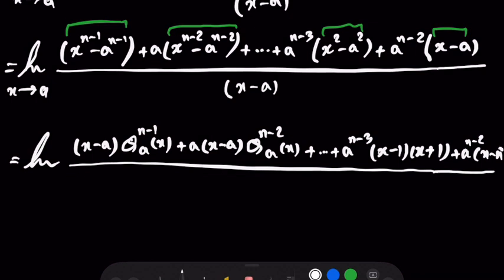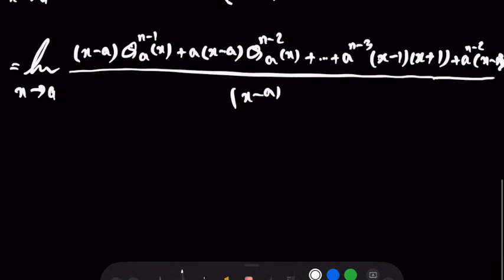So you can see we can factorize x minus a from the numerator and cancel it with x minus a in the denominator. So let's factorize x minus a from the numerator.